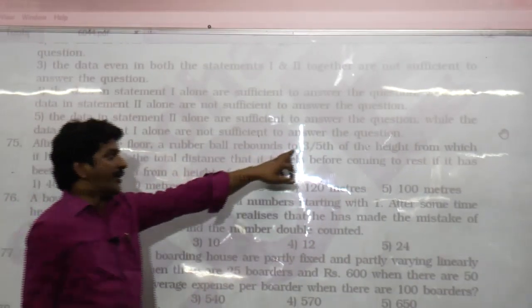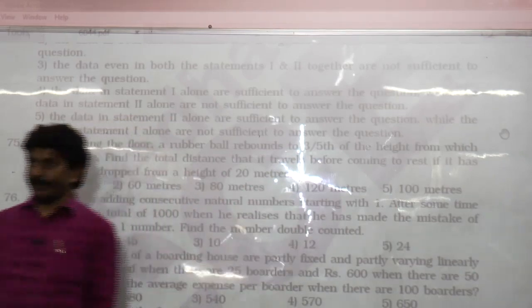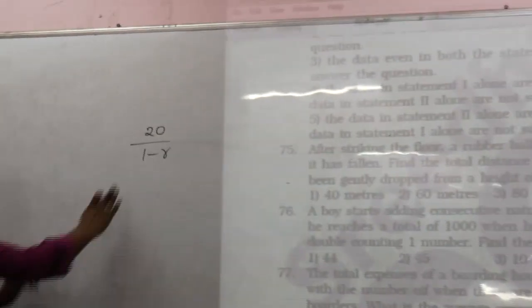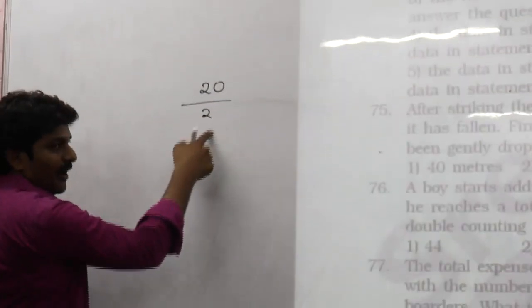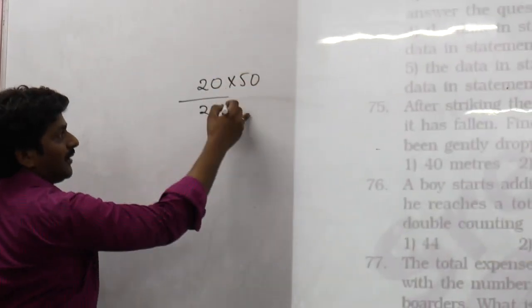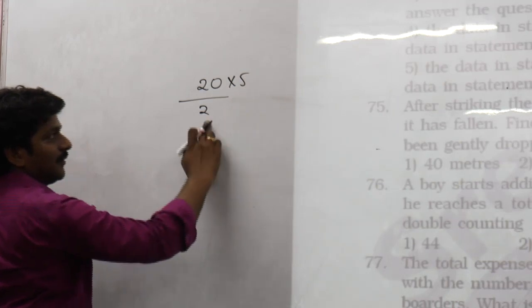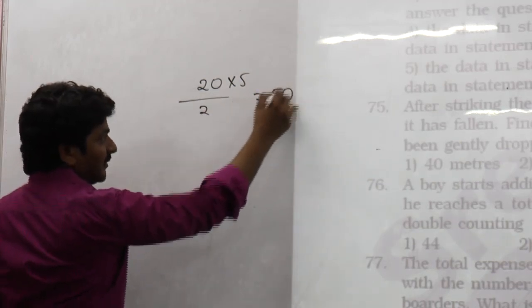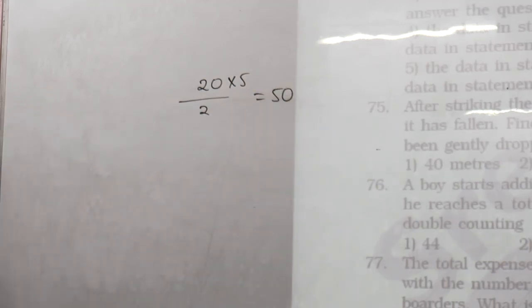What is the value of a here? 20. First term 20. And it reduces to 3/5. So 1 minus r becomes 2/5. 2/5 comes to the numerator. So this becomes 50. Okay.